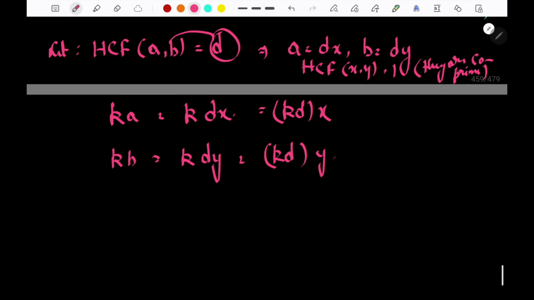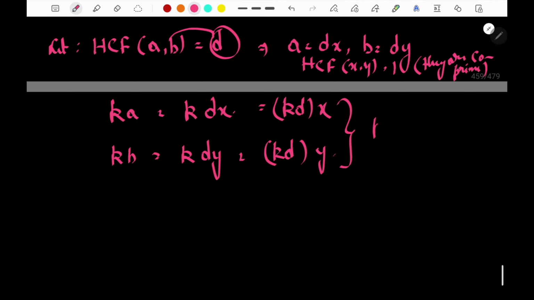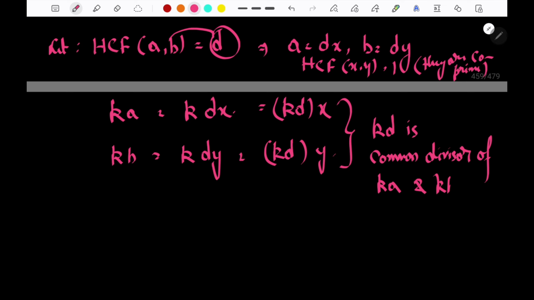Now from these two, we can see Kd is a common divisor for both Ka and Kb. Done. Now is this the GCD of both? Is GCD equal to Kd?